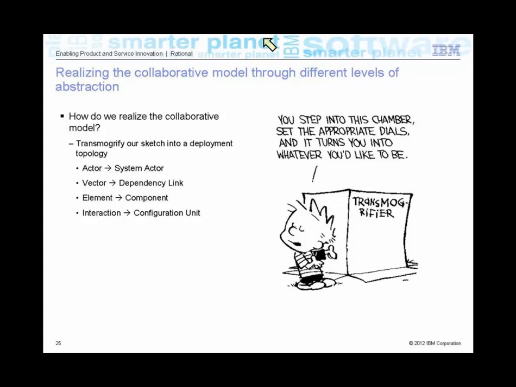All the quote-unquote stereotypes that I use are realized to specific things within that deployment topology. For example, an actor becomes a system actor, an element becomes a component, an interaction becomes a configuration unit. Like I said, these aren't perfect, but these were ways to really cement what I was looking for in terms of the deployment topology.